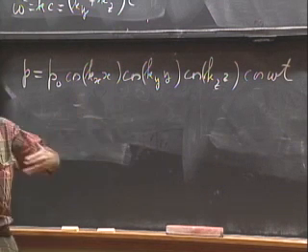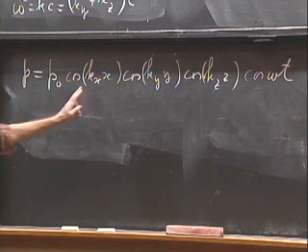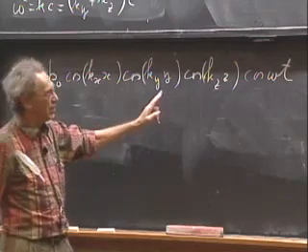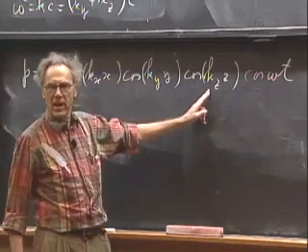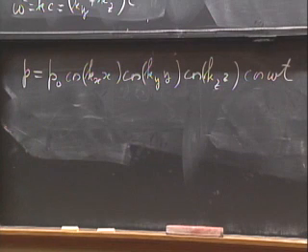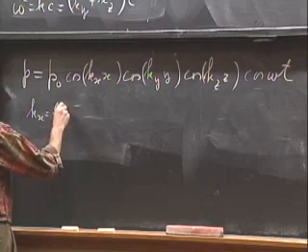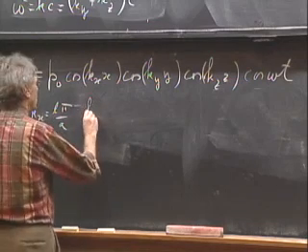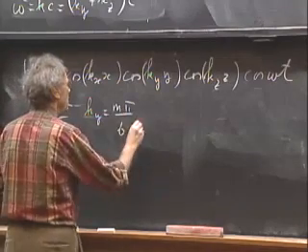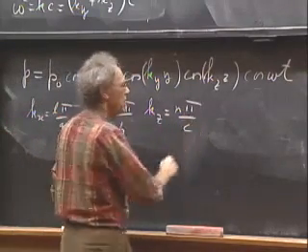And so now, in complete analogy with what I wrote on the blackboard there, I must have pressure antinodes at x equals 0 and at x equals a, at y equals 0 and y equals b, at z equals 0 and z equals c. And so now I have that my boundary conditions require that k_x is L pi over a, that k_y equals M pi over b, and that k_z is N pi over c.